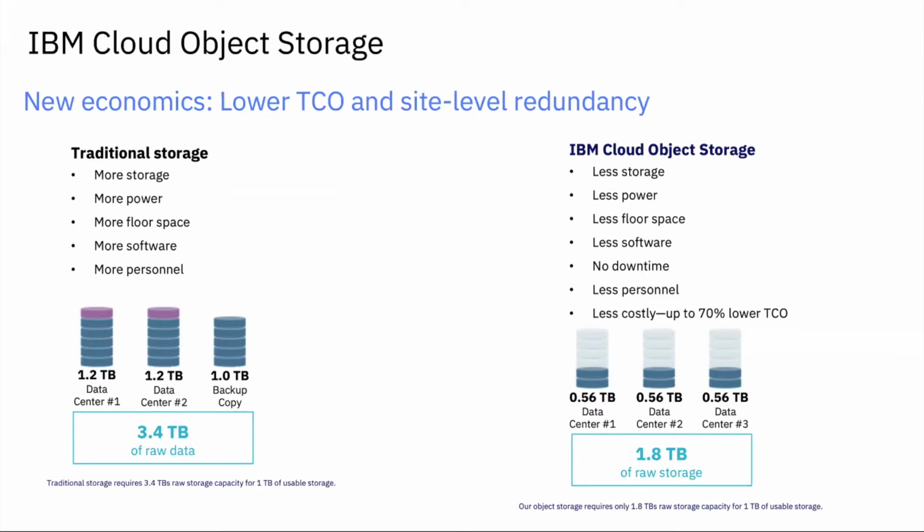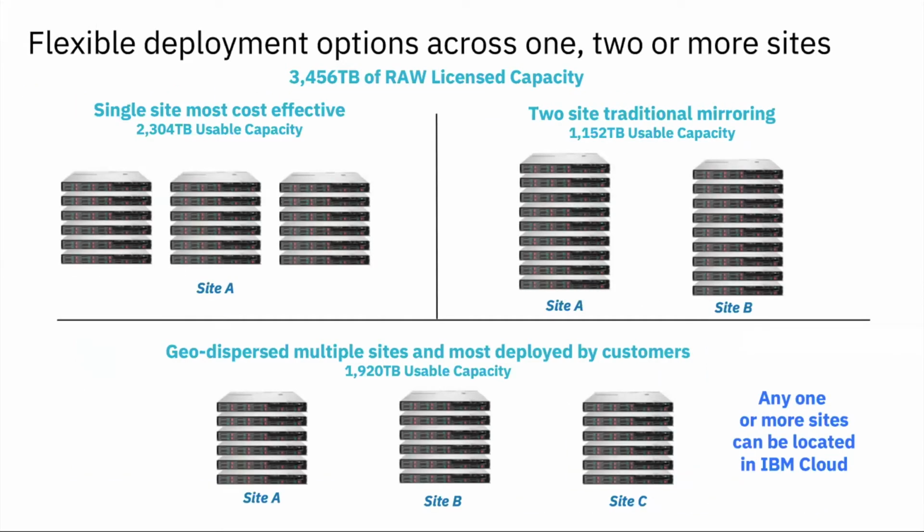It results in a very compelling TCO. And we're more than happy to work through those numbers with you. We do them very, very often to show the savings with an object storage strategy, complementing your NAS strategy.